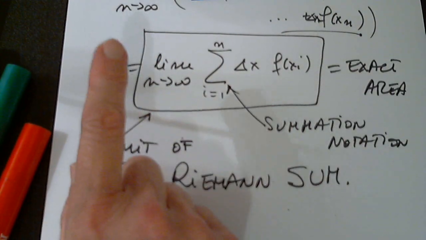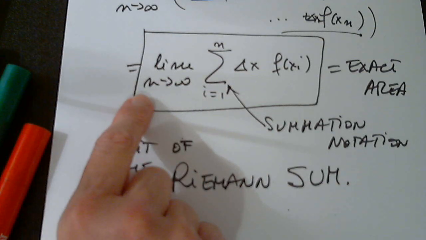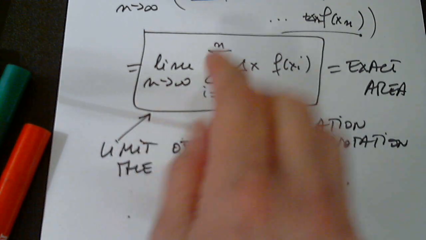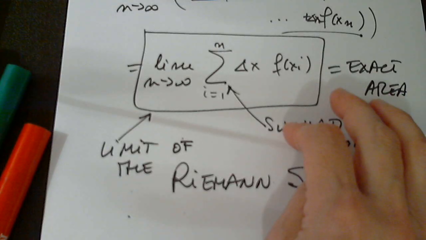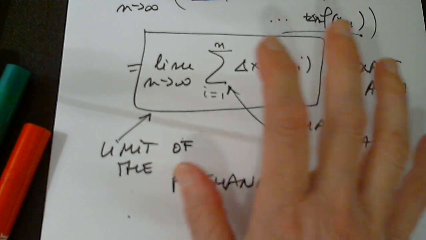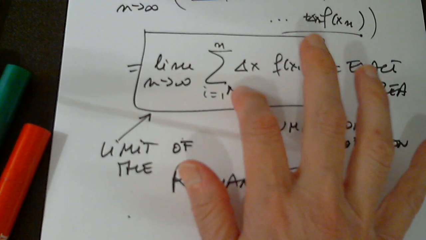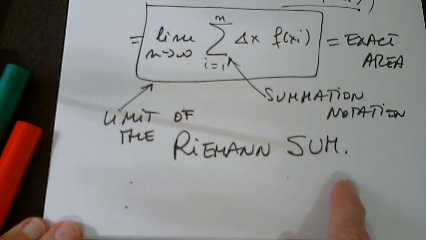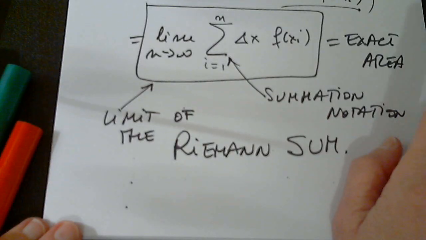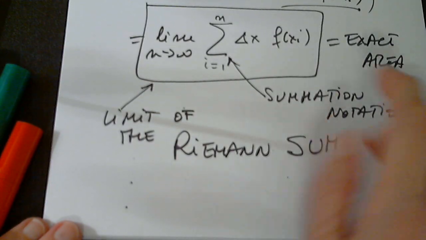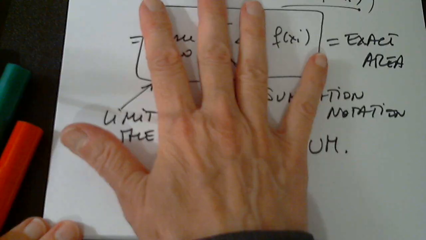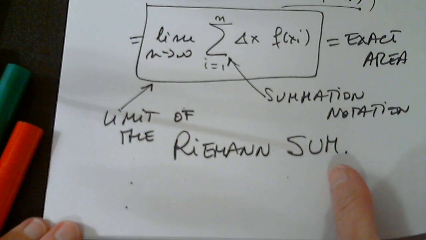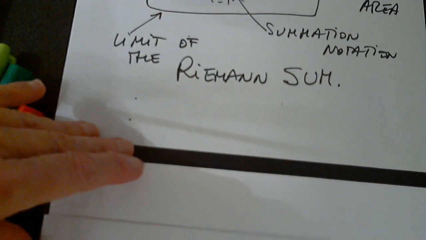So in condensed form, the exact area is the limit as the number of subintervals goes to infinity of the sum of all areas of all rectangles, base times height plus base times height plus base times height. That's all. And it's called the limit of the Riemann sum. And what it equals to is the exact area. Done. We're not going to use it. We're going to use something that it equals to. So what does it equal to now?